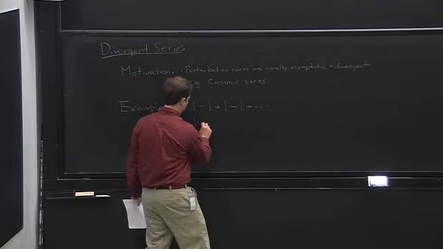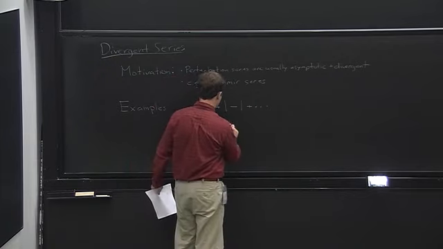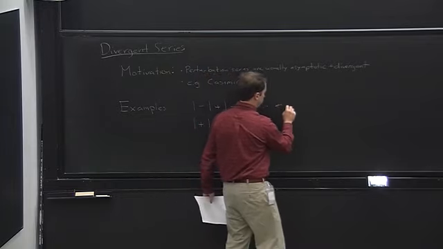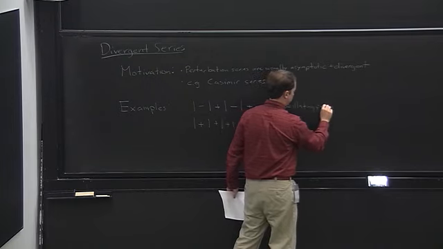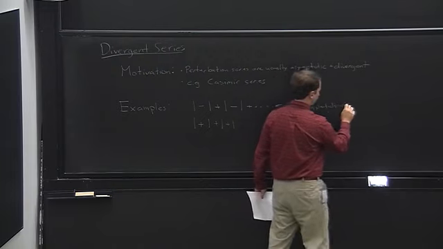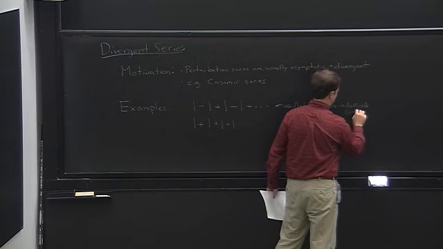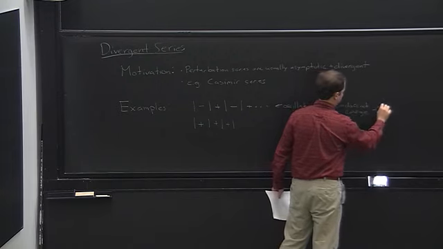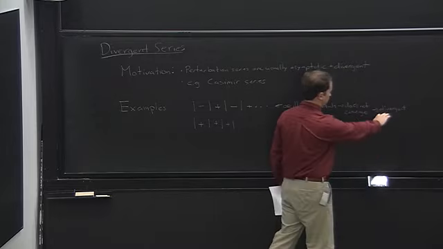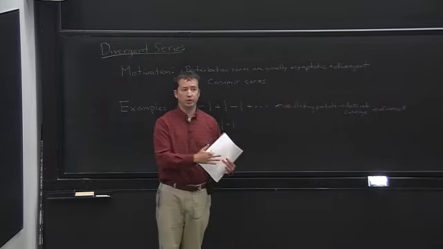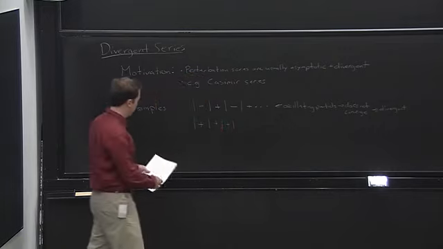Another example. This is oscillating partial sums, therefore it does not converge, and that means it's divergent. A divergent series doesn't mean the partial sums necessarily diverge, just that they don't converge.